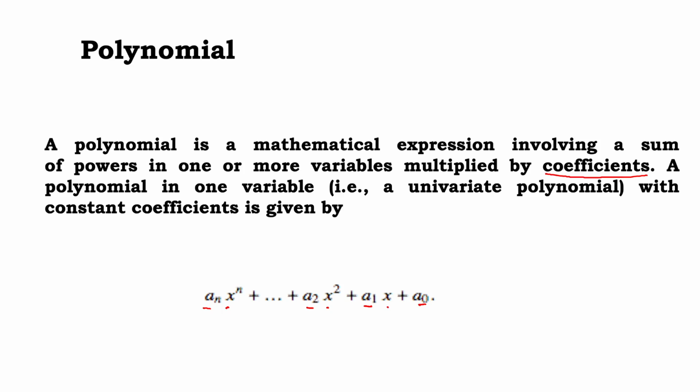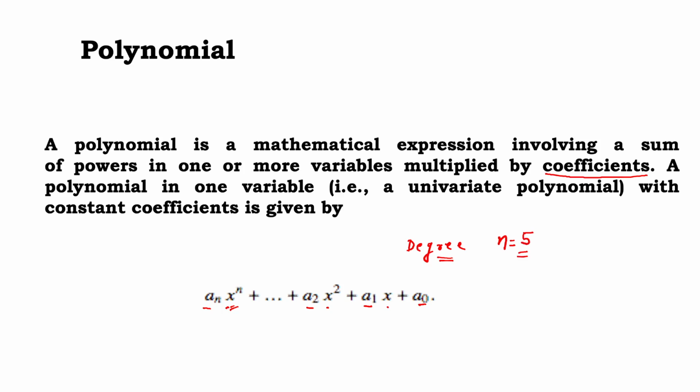And in this expression, the term degree is also used. Degree means the highest power of the polynomial, that is the value of n. If n is 5, it is a polynomial of degree 5.